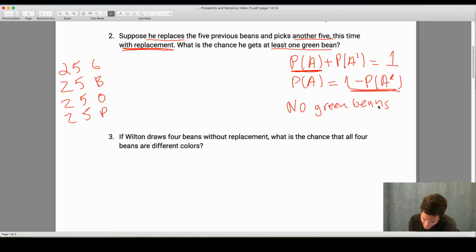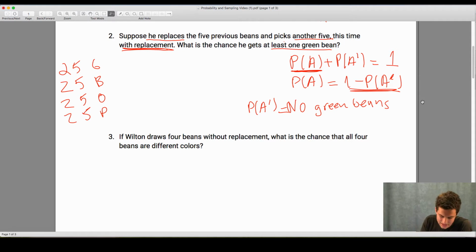Because if he has at least one green bean, then event A has happened, and we're referring to this probability as P of A. So now P of A prime is the probability that Wilton doesn't draw any green beans.